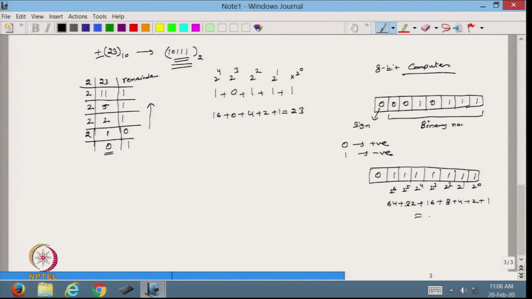So it gives you the value 127. It means the maximum integer number you can save in the 8-bit computer is 127. Similarly I can go for minus 127, the minimum value.